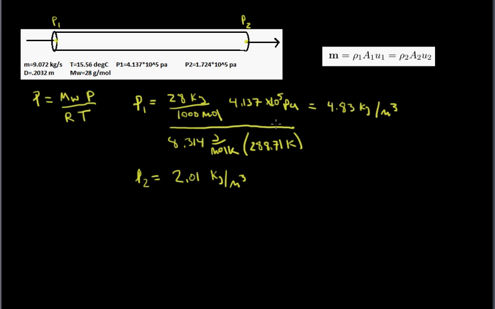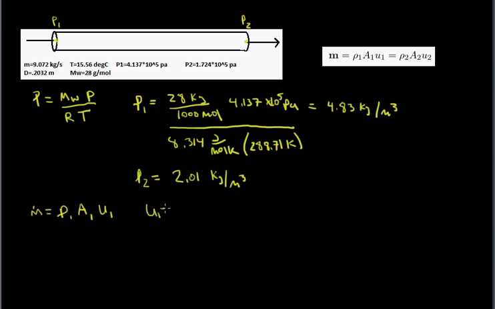Now that we have both the density at the inlet and the outlet, we can focus on getting either the inlet or the outlet velocity. I'll start with the inlet velocity. We're just going to use the relationship that m dot, the mass flow rate, is equal to density 1 times cross-sectional area 1 times U1. I'm going to solve that for U1.